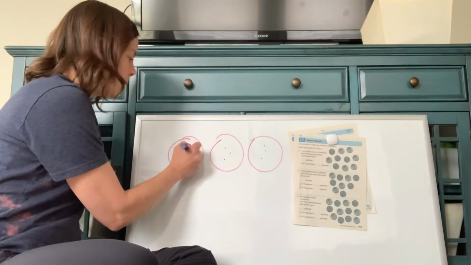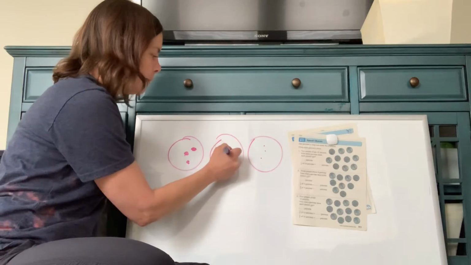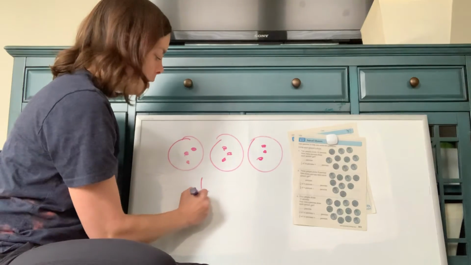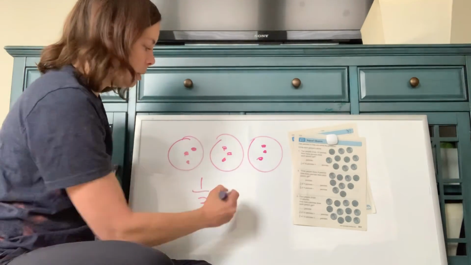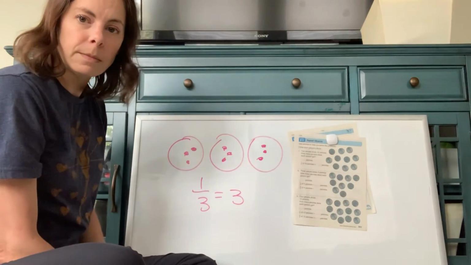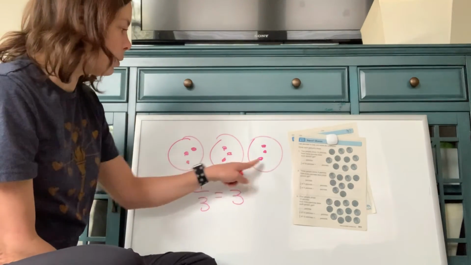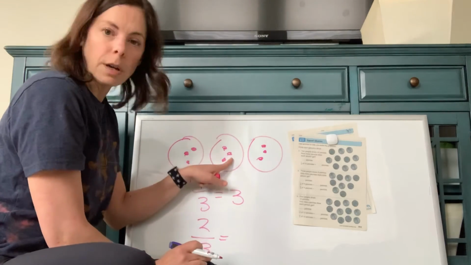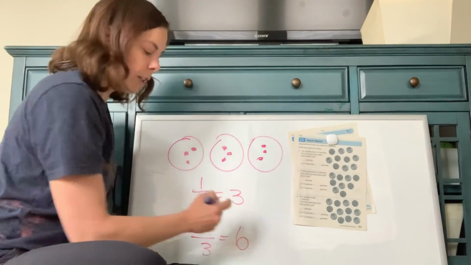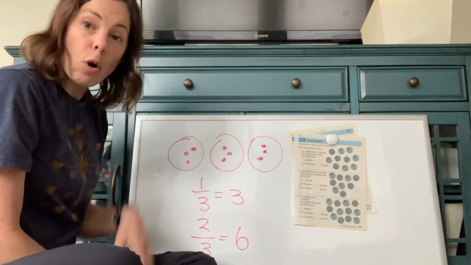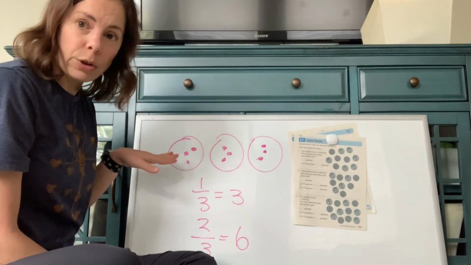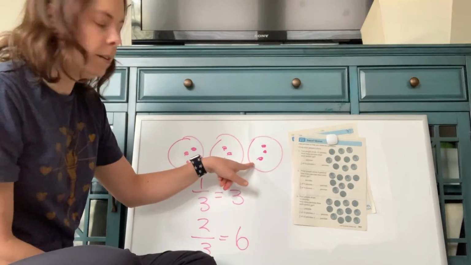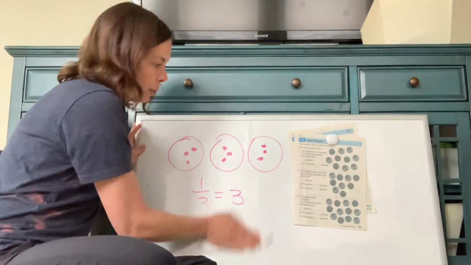So I have 3 pennies in each group. 3, 6, 9. 1/3 got 3 pennies. 2/3 got 3 and 3. They got 6 pennies. All of us, 3/3, got 9 pennies. 3, 6, 9. Okay, and then you try number 3 on your own.